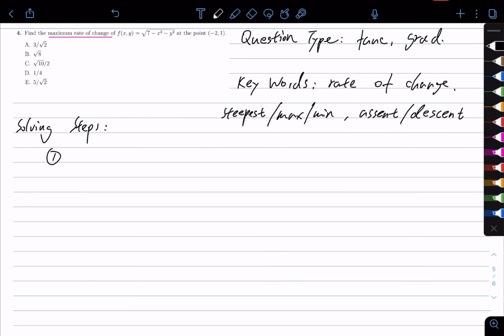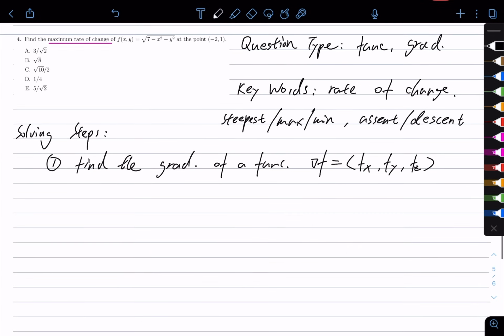For a rate of change problem, the first thing you do is always to find the gradient of the function. So the gradient of f equals (fx, fy, fz).